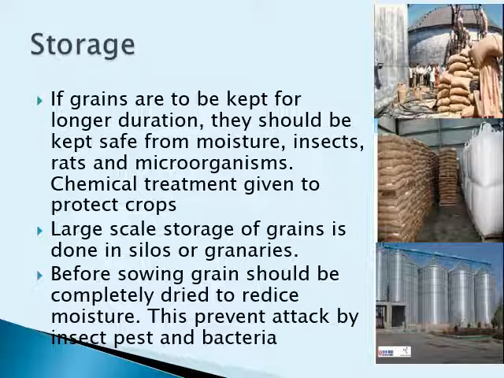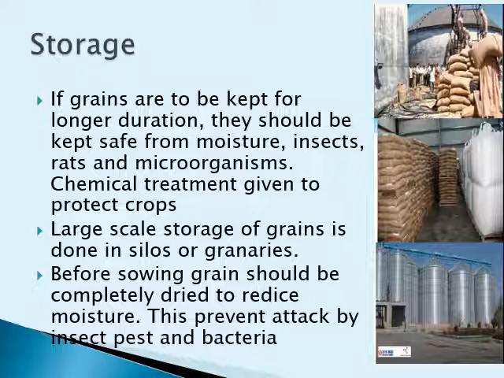If the crop grains are to be kept for longer time, they should be safe from moisture, insects, rats, and microorganisms. The fresh crop has more moisture. If freshly harvested grains are stored without drying, you know what will happen, children?